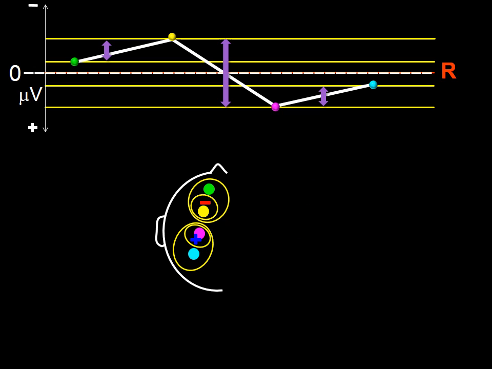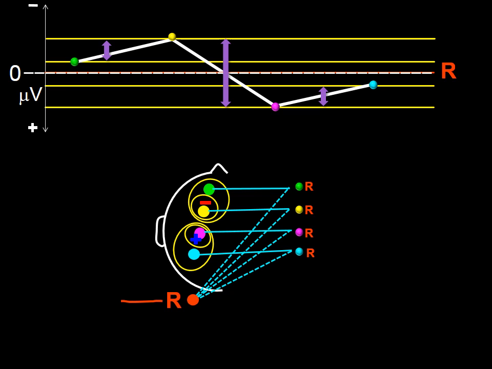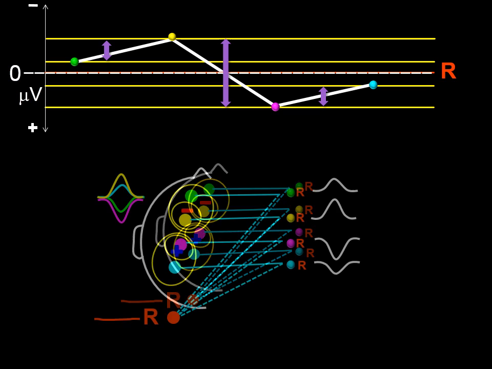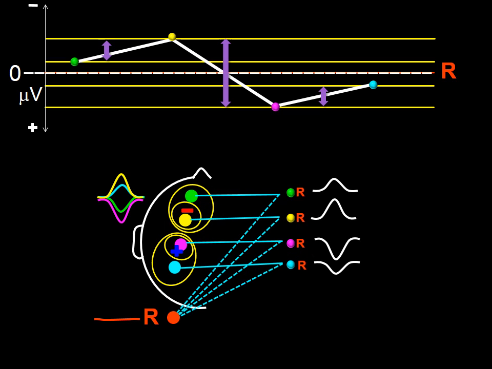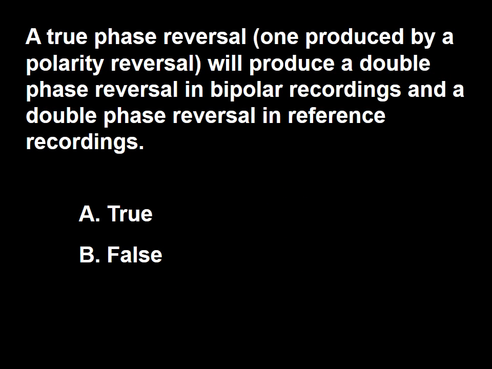On the other hand, were we to look at the same isopotential map using a referential, that is a common electrode referential montage, we would get a single phase reversal. As you can see, this phase reversal will have a large voltage gradient gap between the yellow and the magenta electrodes. So the answer to this question is false.